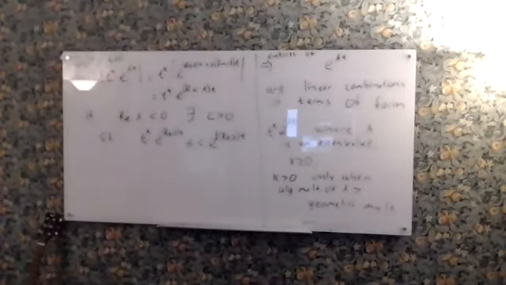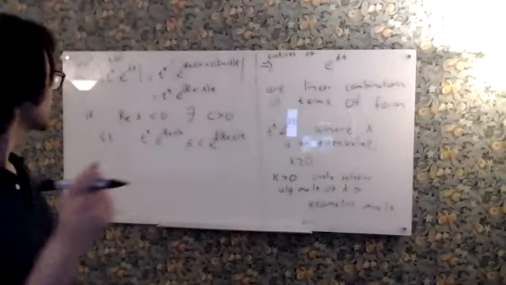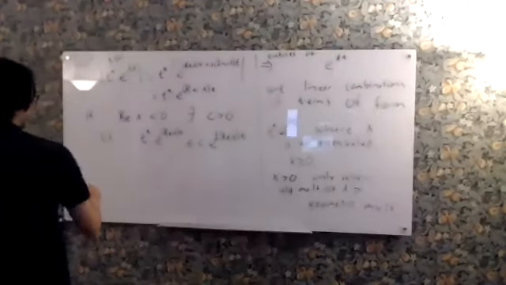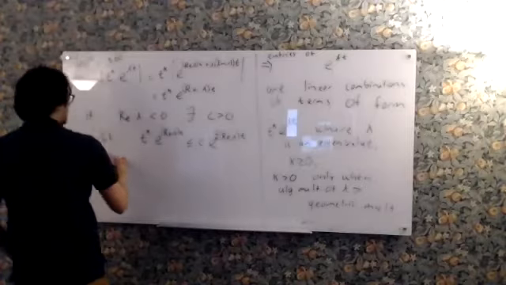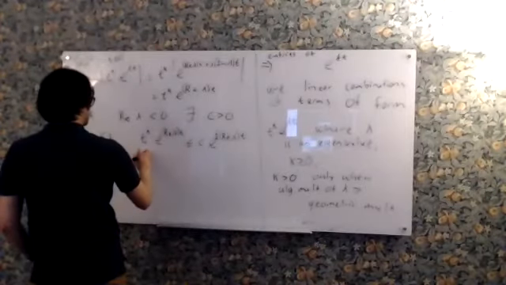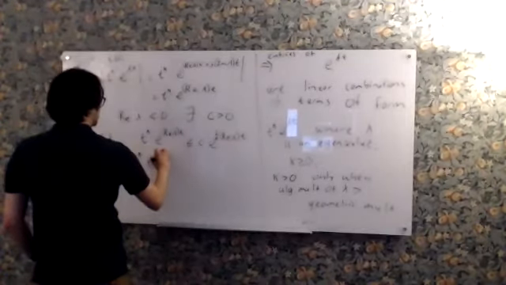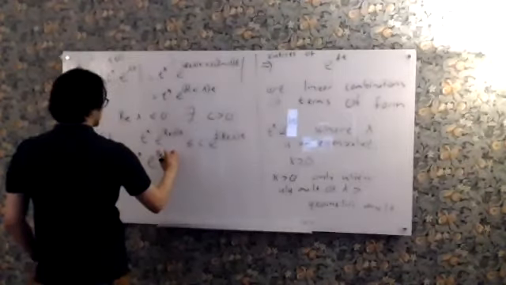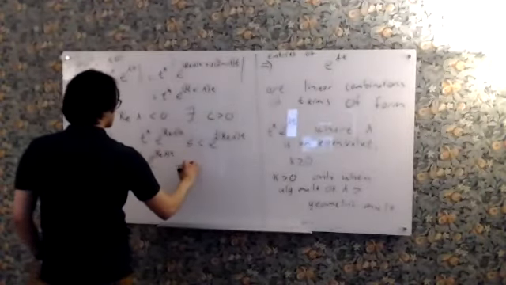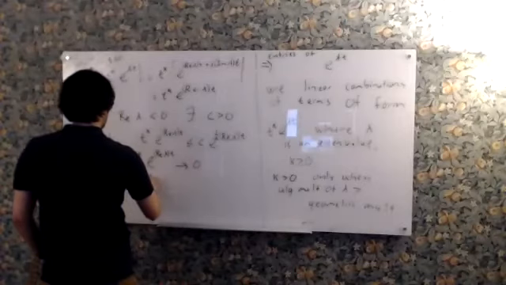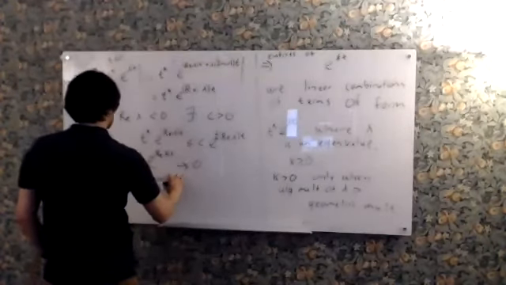What that really means is that t to the k, e to the real part of lambda t goes to 0 exponentially.